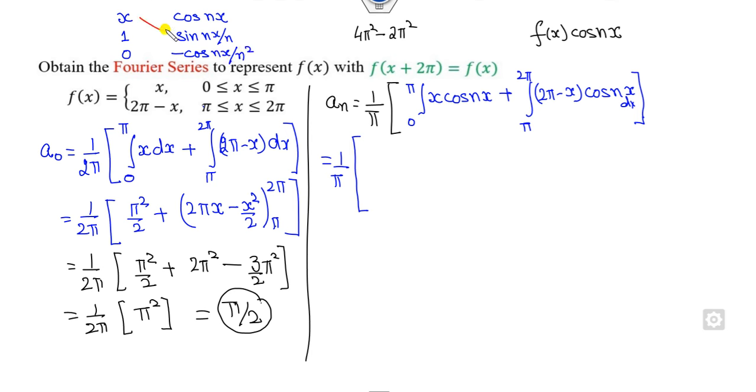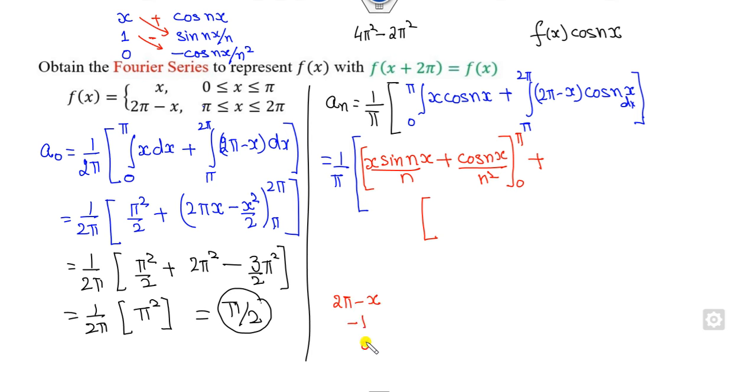So this is positive, this is negative, so the answer is x sin nx over n plus cos nx over n square from 0 to pi, plus I can solve this component, so I can write here 2 pi minus x, then derivatives minus 1, then 0, it is cos nx.